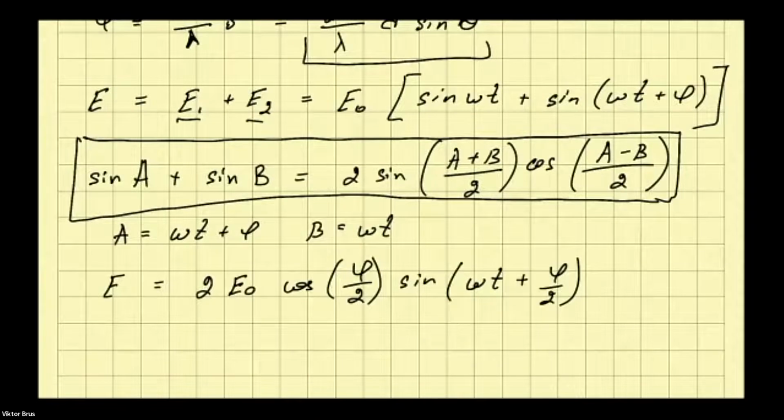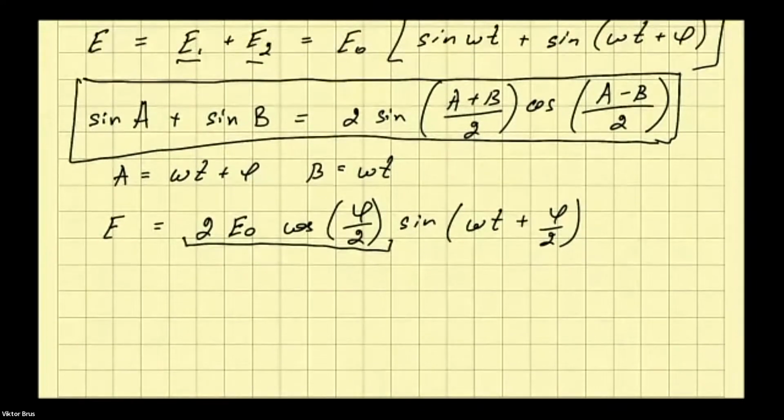So the amplitude now for the resultant electric field, which is formed due to interference of two waves, will be that part which is without time dependence. So that is like the prefactor before sinus. So that will be the amplitude value 2 E naught times cosinus of phi divided by 2.